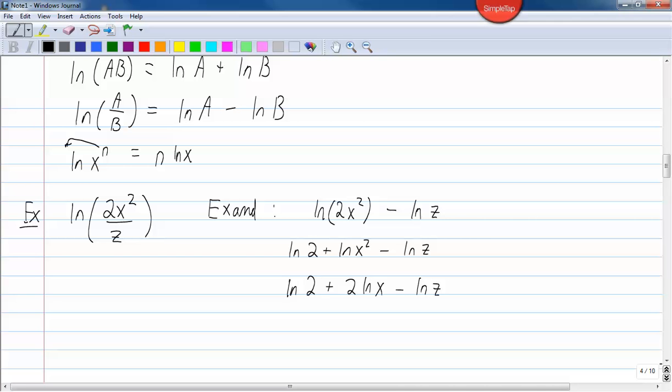Now, that's this logarithm completely expanded. So think about this. Think about where you've taken derivatives of quotients. If there was some way that we could write a function using natural log and then expand it like this into different terms, what do you think would be easier to take the derivative of?